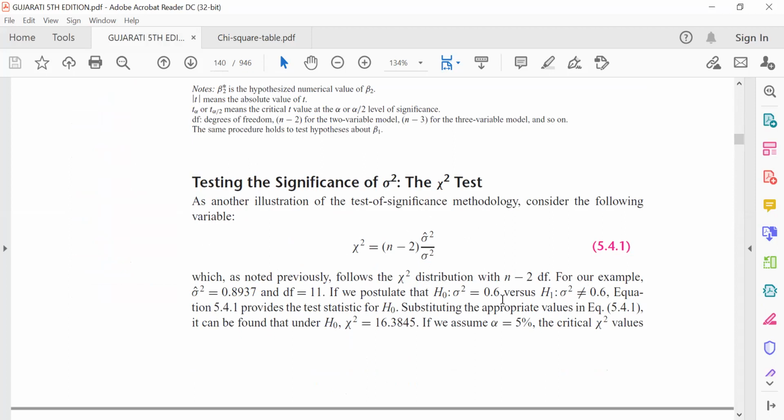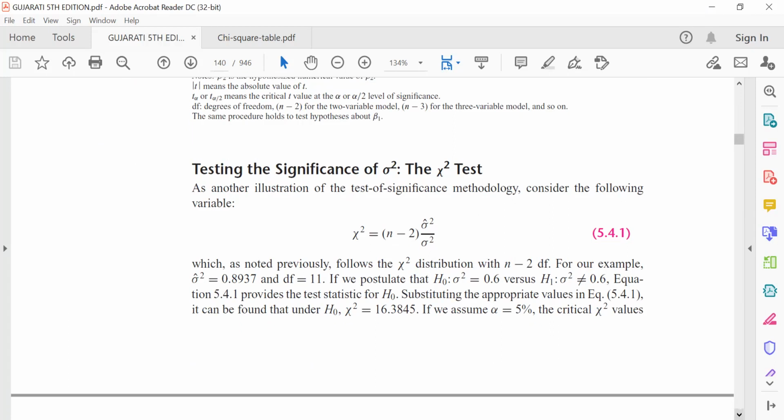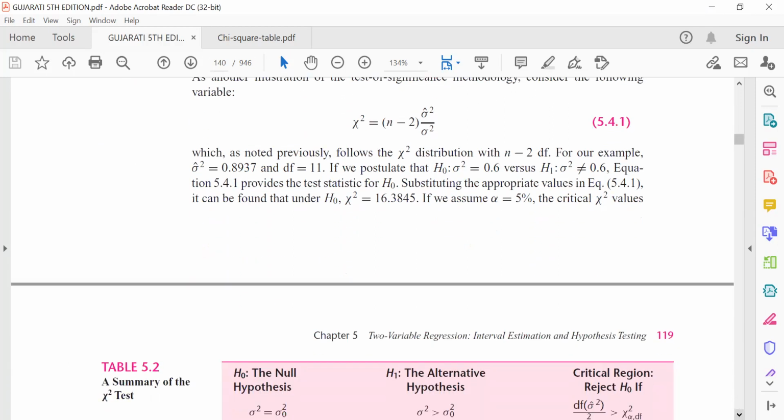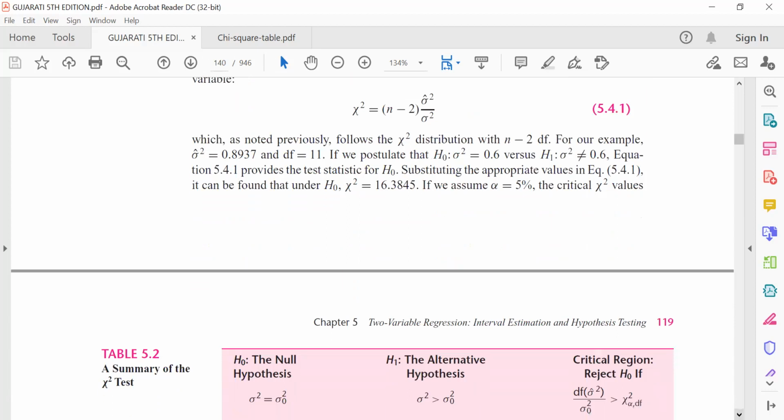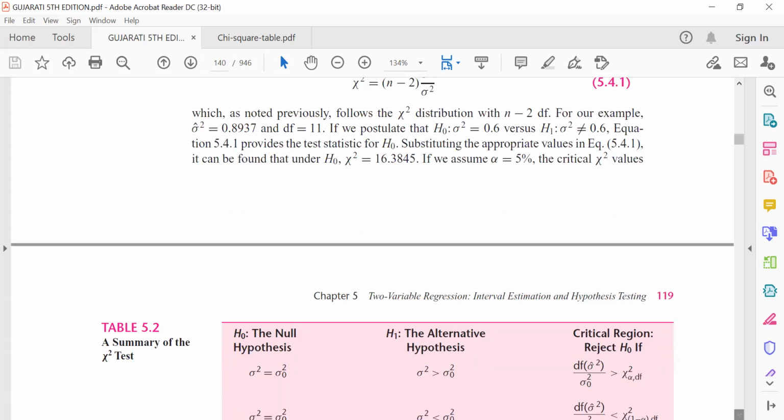Before, we got sigma square hat as 0.8936. Our question is, what is the true value of sigma square? Is 0.6 the true value of sigma square?